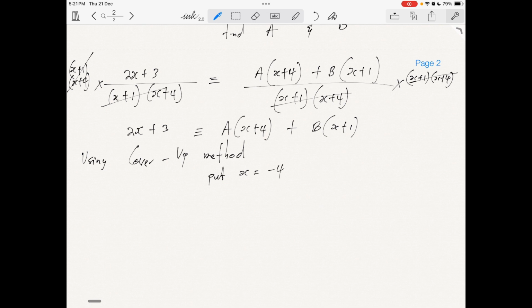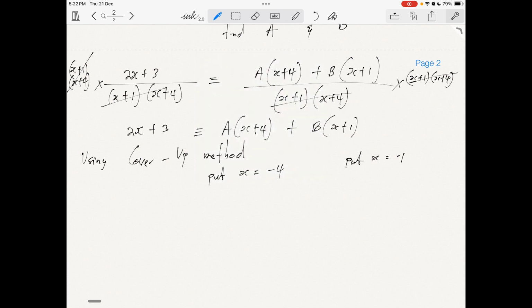When we put x into -4, this whole thing will turn to 0, because a into -4 plus 4 will be equals to 0, because -4 plus 4 is 0. And when we put x to be equals to -1, this whole thing here will also turn to 0, because b into -1 plus 1, because -1 plus 1 is 0, okay, so everything there will turn to 0. So we will be able to simplify this function.